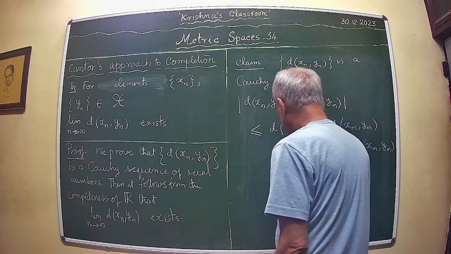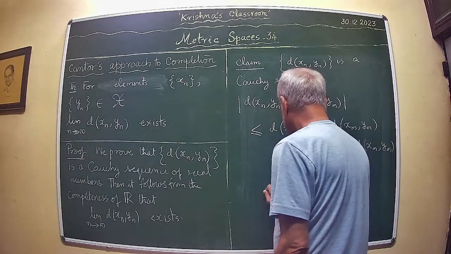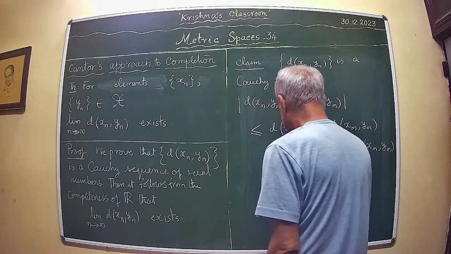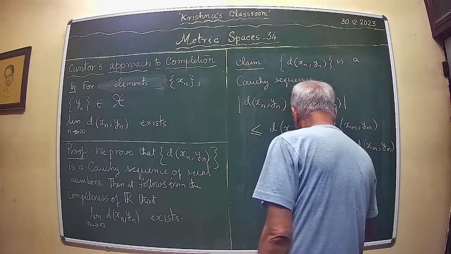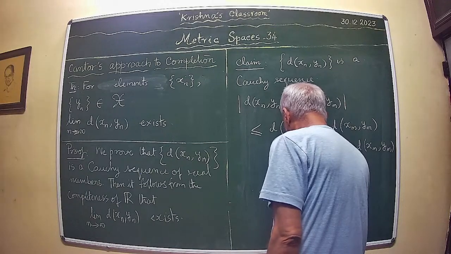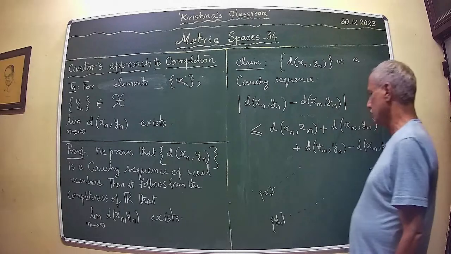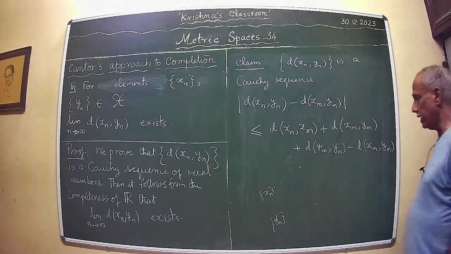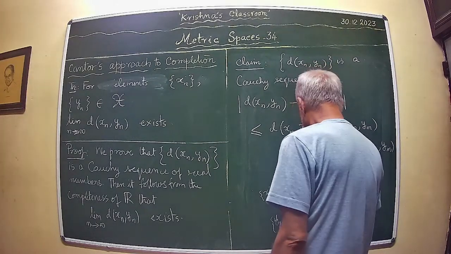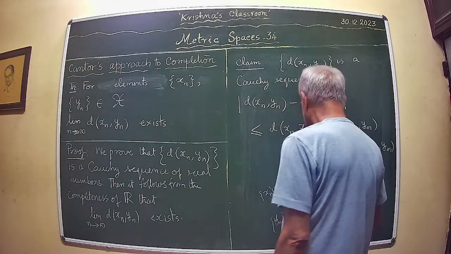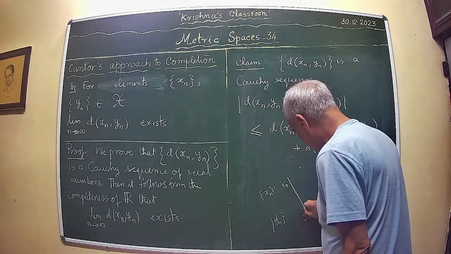Take a sequence. Suppose this is the sequence xn. We have another sequence yn, and these are Cauchy sequences. Now suppose this is the element xn, yn, then we are talking about the distance from xn to yn.